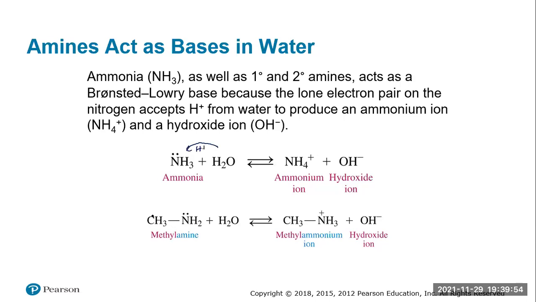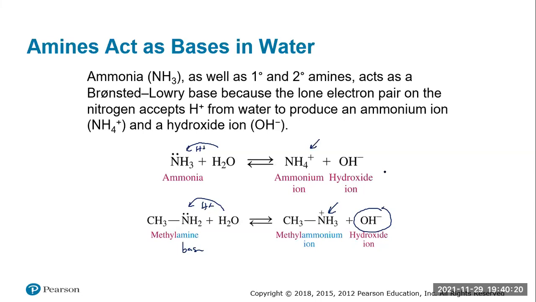The same sort of reaction occurs here with our amine. The amine will act as a base, and the water will donate the H plus. Just like it did here, it gains a hydrogen and a plus, and makes hydroxide. So typically these will become a basic solution.